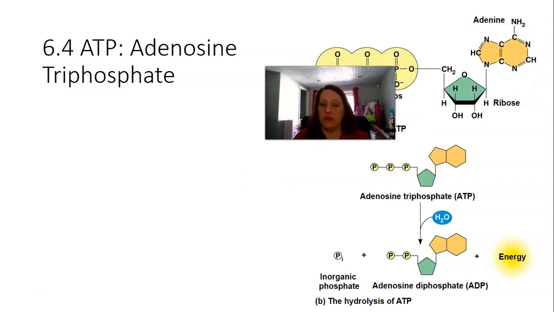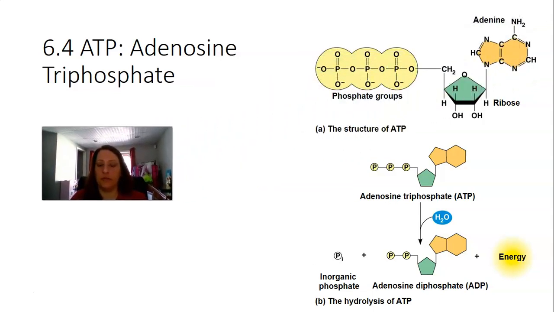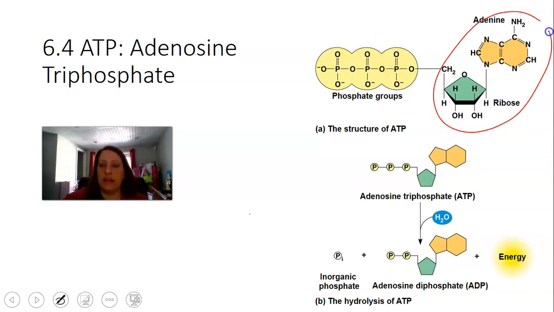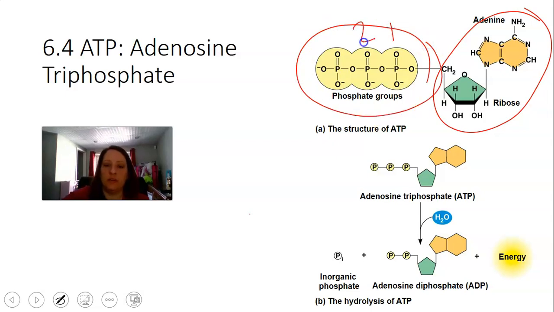So here's just another picture of the molecule. Again, we've got adenosine, which is an adenine and a ribose, and we've got our 3 phosphate groups, 1, 2, and 3. Here it is simplified. I like this better. We don't have to see all those bonds.